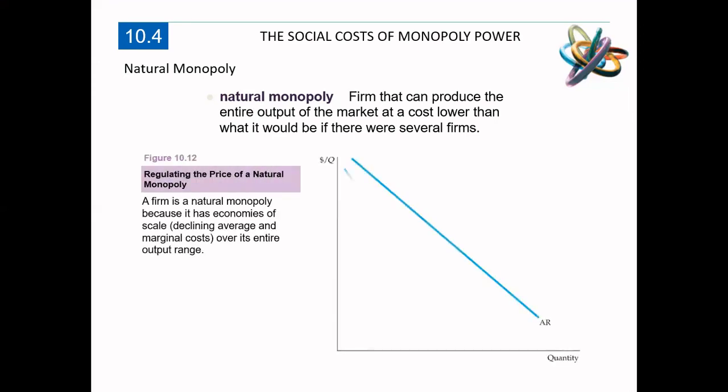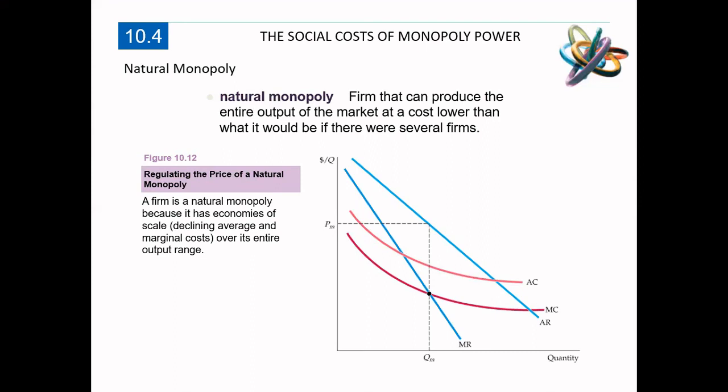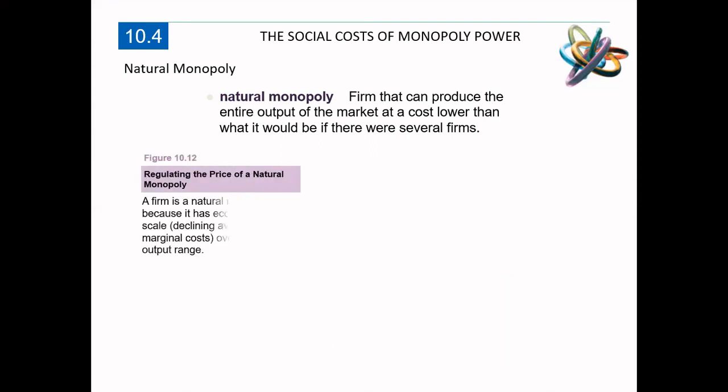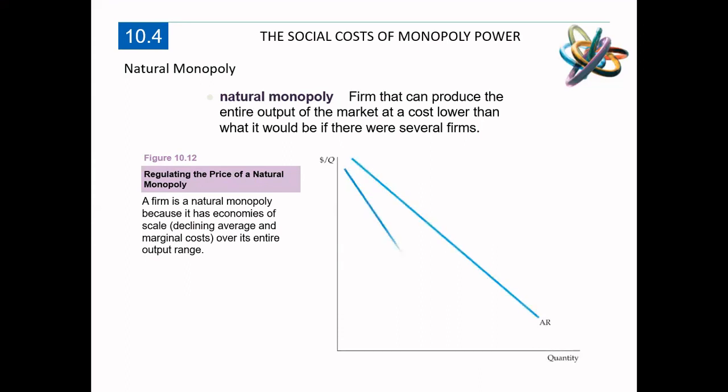So in the natural monopoly, if I am the only company who has the resources and I can produce for the whole market, what can I do? I can regulate the prices. So if we go back to this graph, regulating the prices of a natural monopoly, a firm is a natural monopoly because it has economies of scale. What do you mean by economies of scale? With the increase in the amount of production through time, the average total cost is going to decrease.